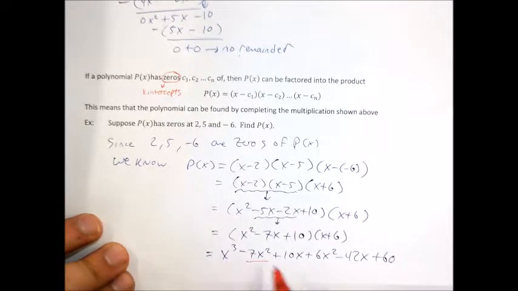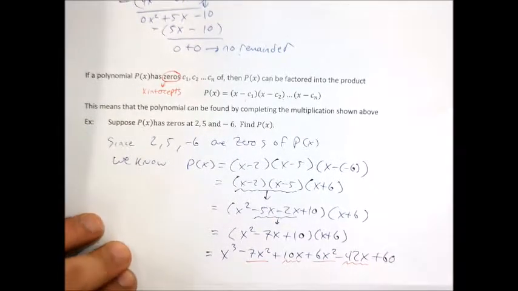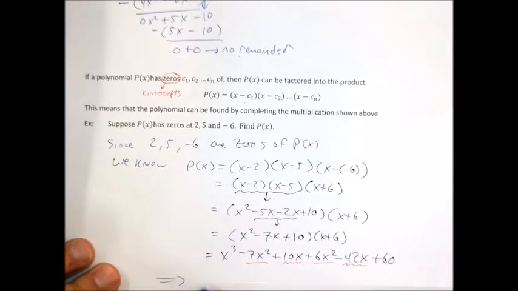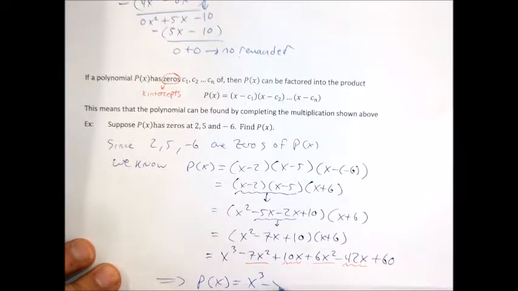We've got a 7x squared and a 6x squared, or a minus 7 plus 6, I mean. And then we've got a plus 10x minus 42. And so we can combine those like terms and get our final answer of x cubed minus x squared minus 32x plus 60.